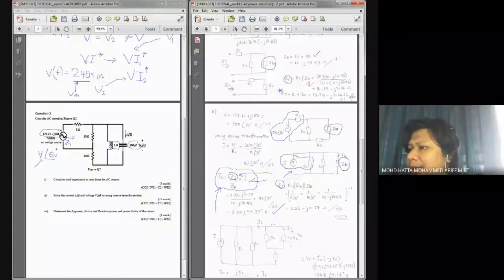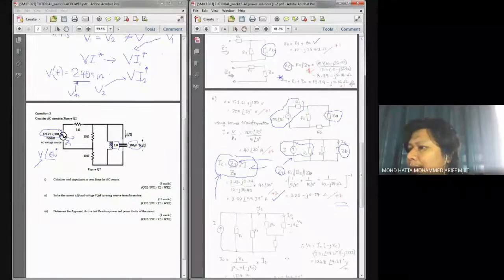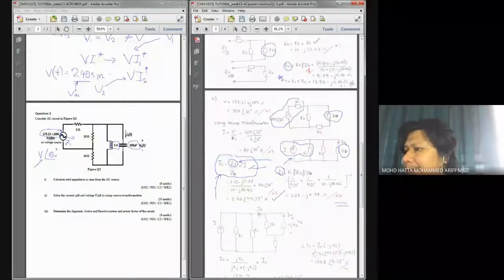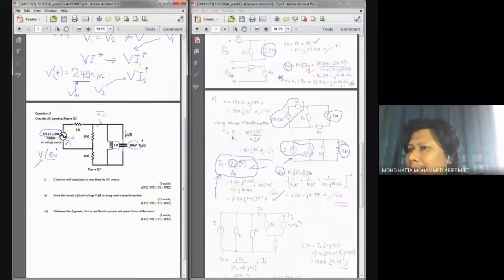All right, now I'm done with the current IC over here, and IC, the current that I calculated, is basically the current over here. Okay, current over here is IC.